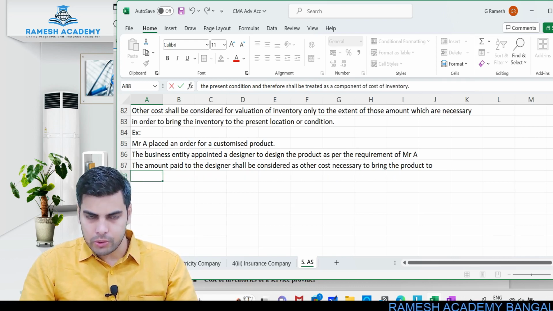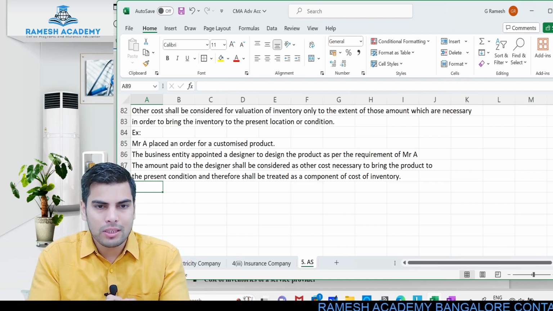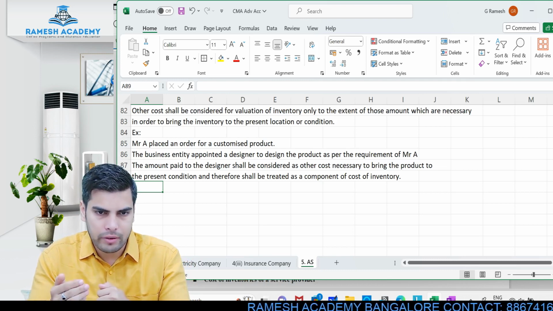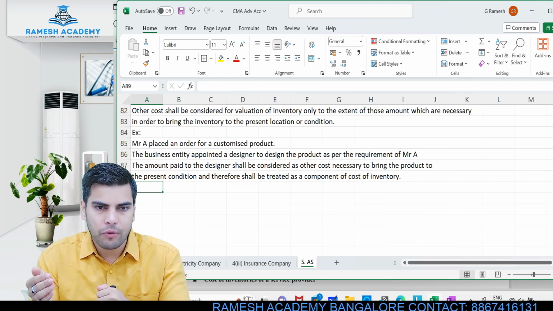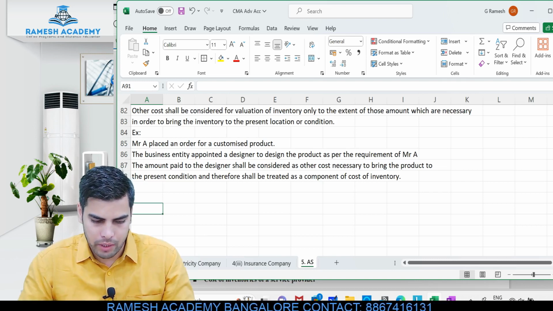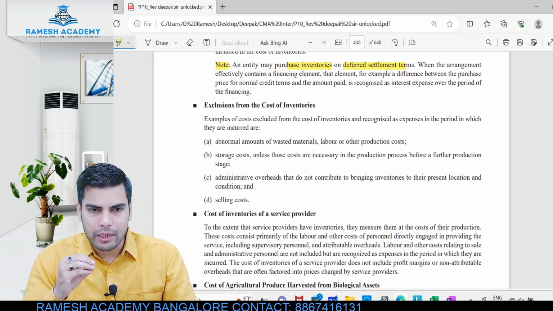Hope you guys understood this. The amount which is paid by the business entity towards the designer's fee would be treated as other cost which is necessary for the purpose of bringing this particular inventory to the present condition, and it will be considered as a part of cost of inventory. Clear?